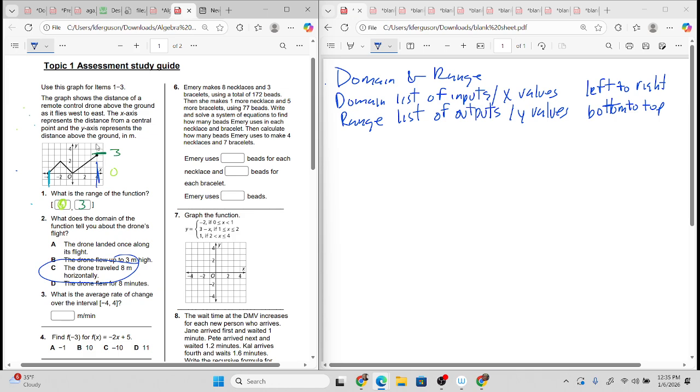It doesn't say anything about the time. And then the drone landed once. That doesn't have anything to do with our X values. So it's C.